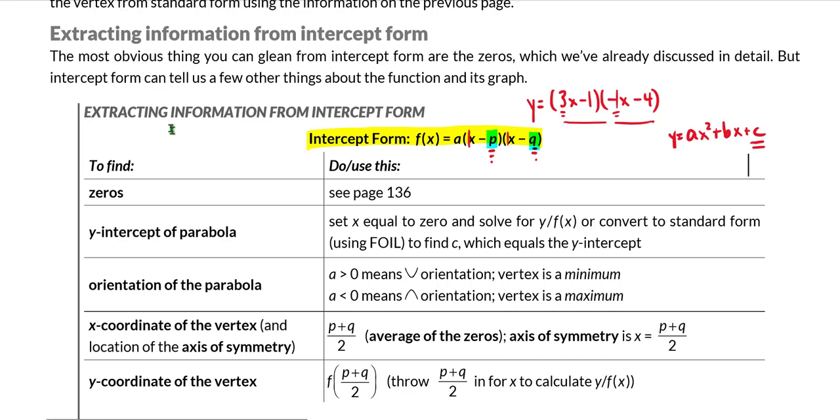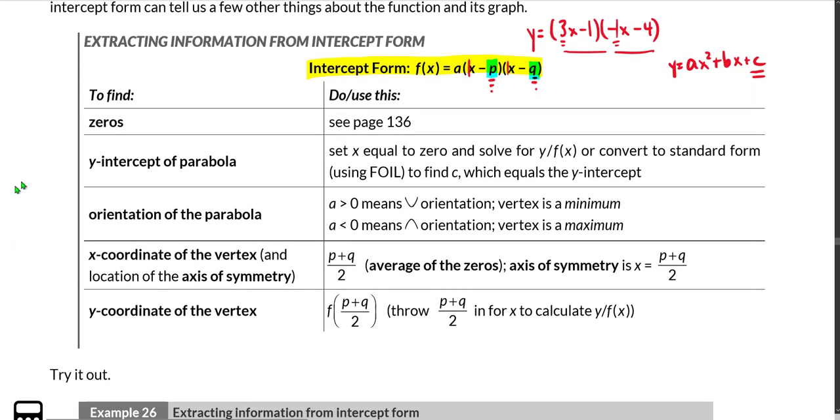So let's go through all of the information that we can extract from intercept form. Of course, the easiest, most obvious thing, as I just mentioned, are the zeros. We can get these zeros from intercept form. I am going to write down here x-intercepts. Remember that zeros and x-intercepts are synonymous, and the whole reason that we call it intercept form is because we can see the x-intercepts.